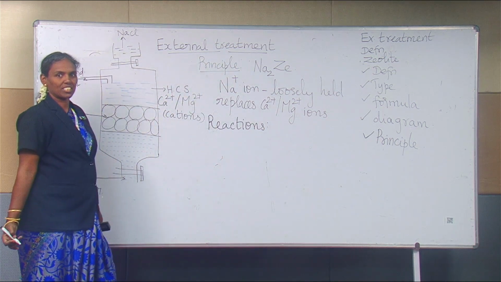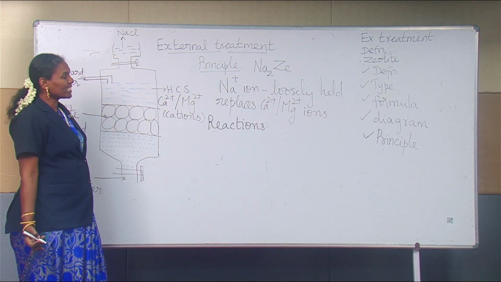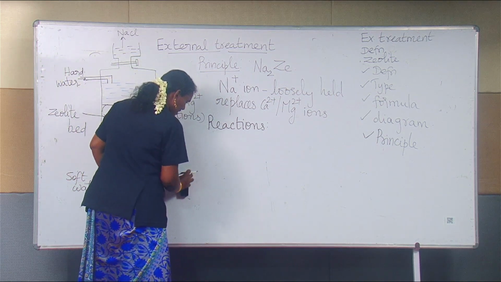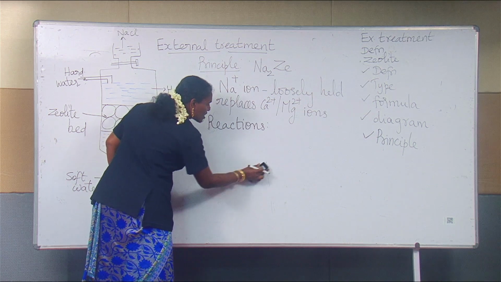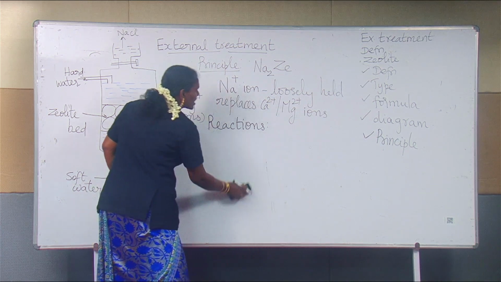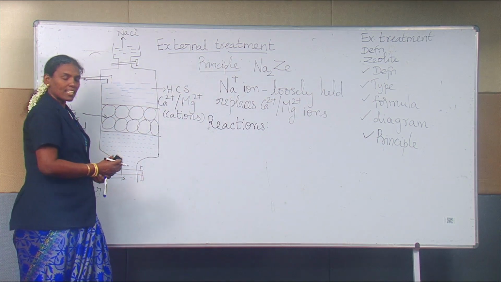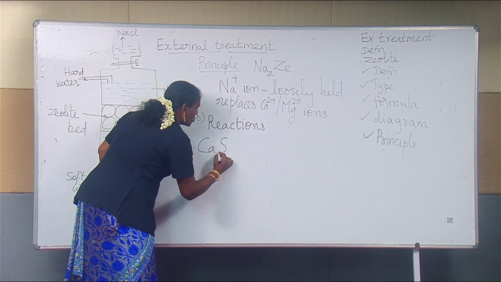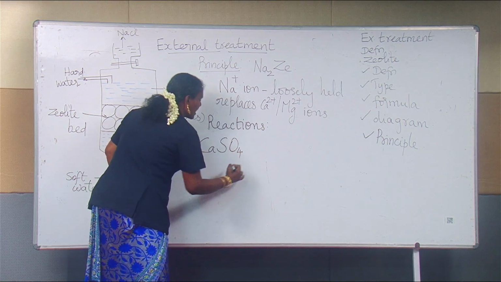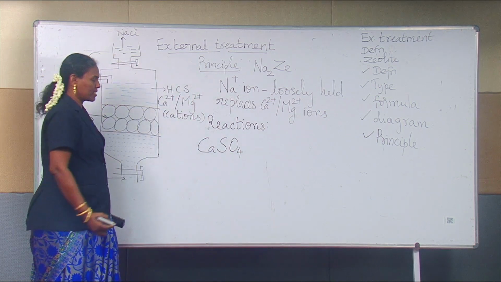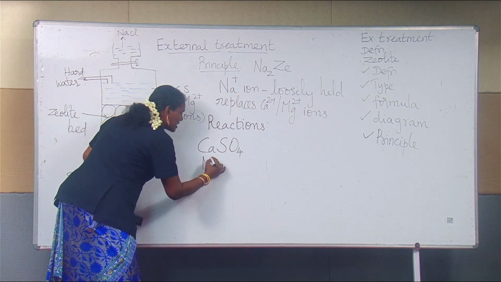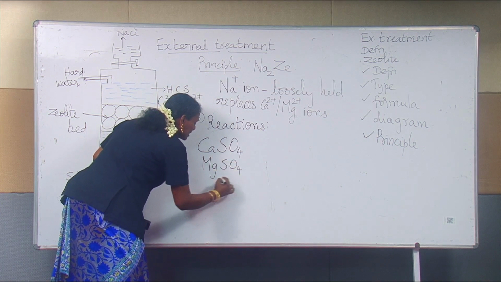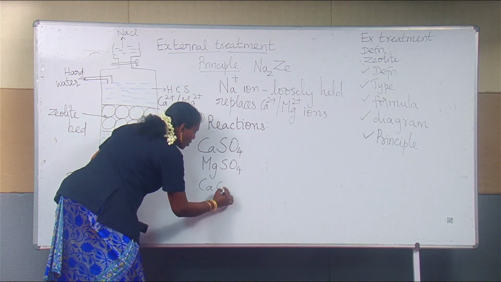What reaction takes place? I am taking sodium zeolite. So what are the hardness causing salts? Some salts we can write: calcium sulfate. I will write the first salt alone, then it is easy to write the reaction. Calcium sulfate. The next salt, magnesium sulfate. Next salt, calcium chloride.